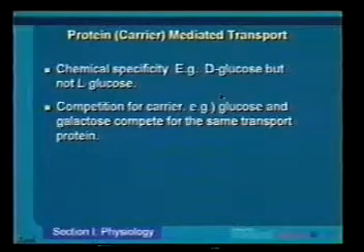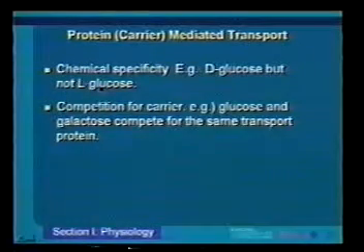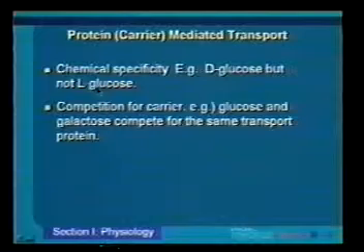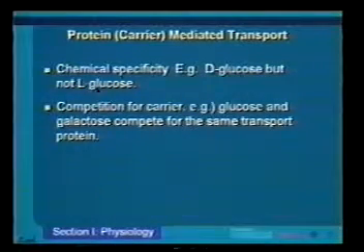For example, only the natural isomers tend to be transported by the protein carriers. Therefore, in a particular system, D-glucose will be transported, but L-glucose will not be transported because L-glucose is not a natural isomer. Now again, this would be a very good question related to this point.